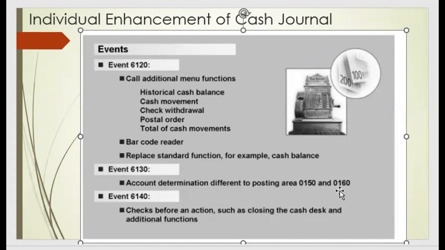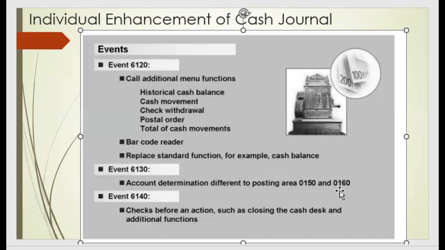Now these events are responsible for collecting the money. The first event, 6120, is useful to scan the barcode. Barcode is everywhere these days. To read the barcode, we need to call that event, and under that event we have multiple barcode options, because barcodes have different standards. Whatever standard the organization is using for the barcode, this event will read that and be able to collect the cash.